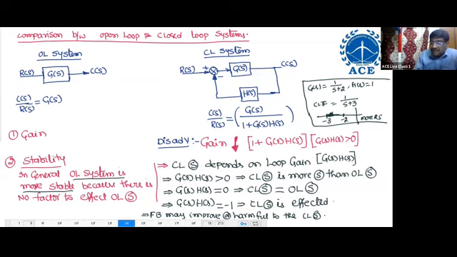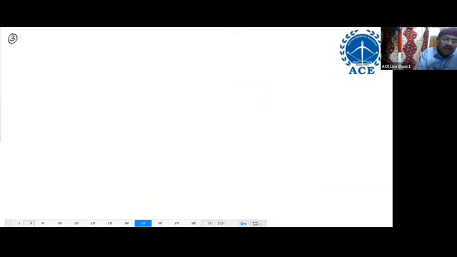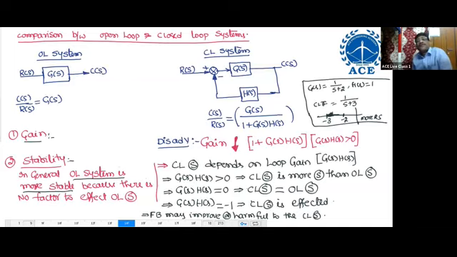Next, the third one. First was gain, second was stability, third is accuracy. Which is more accurate, open loop or closed loop system? No doubt, the closed loop system is more accurate.